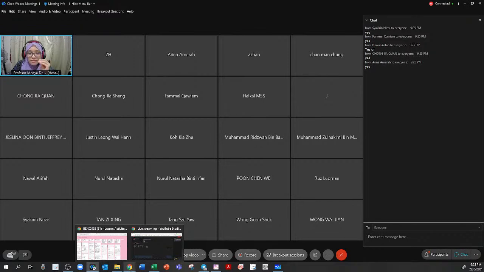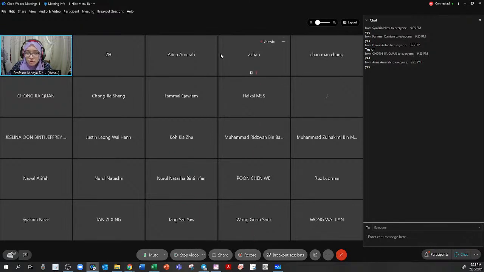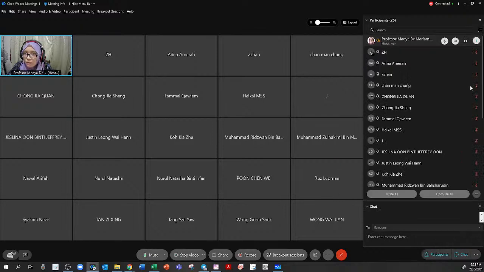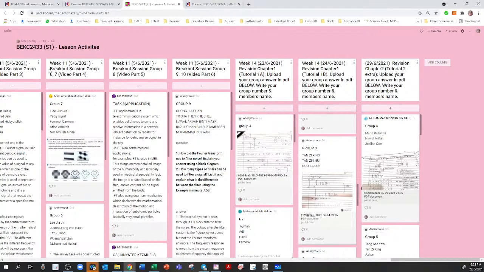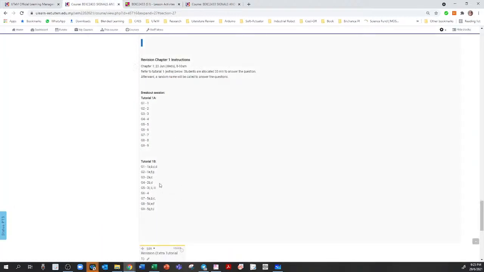If you don't understand why n minus 2 is actually a ramp, why isn't it a step input, then you have a problem answering the final exam later on. So I want 24 students to answer in the chat, yes or no, right now.